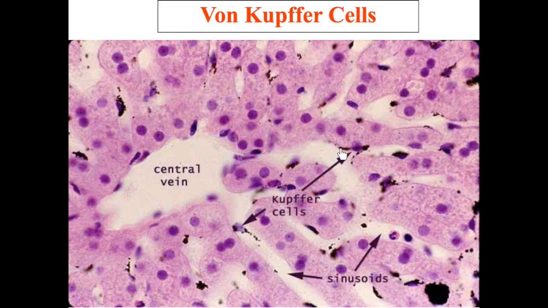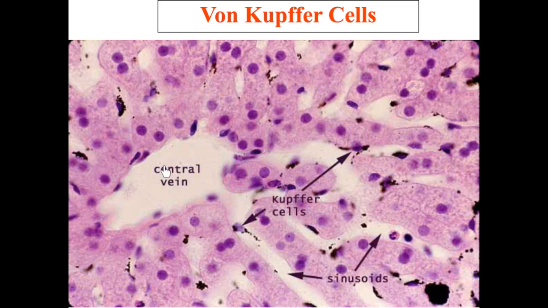You will see here that the vital stain, either trypan blue or India ink, is present only in these von Kupffer cells, inside the blood sinusoid, and it is not present at all in the liver cells. So this is a good demonstration of the function of the von Kupffer cell.